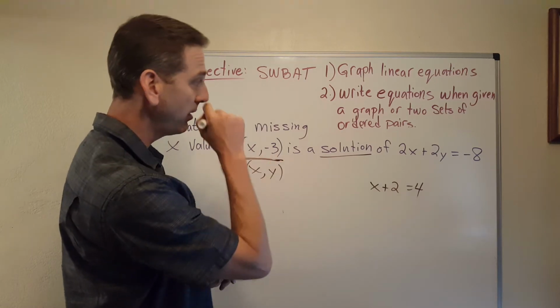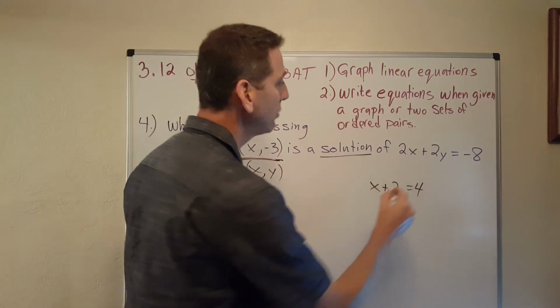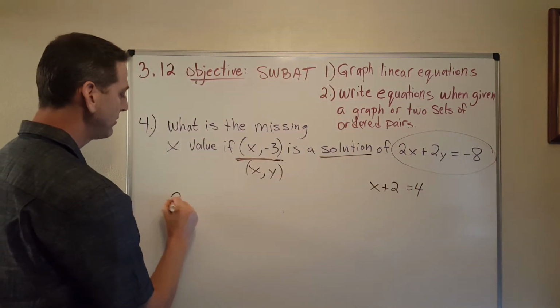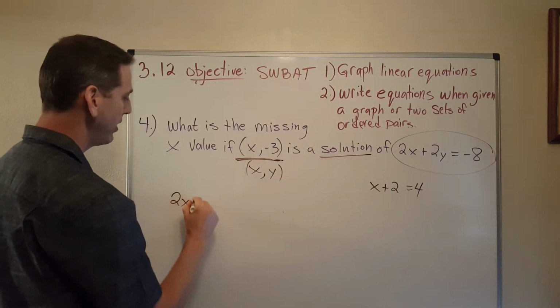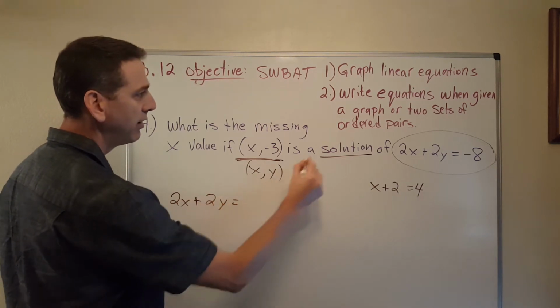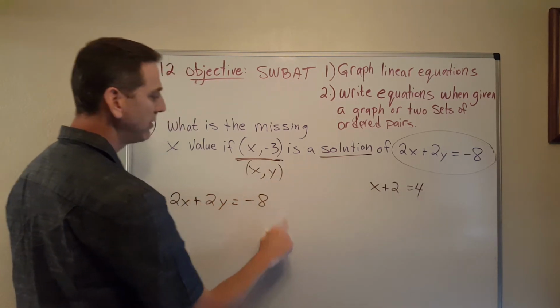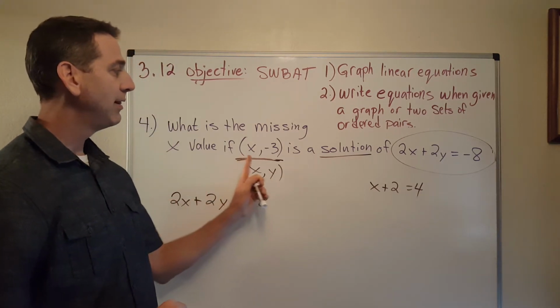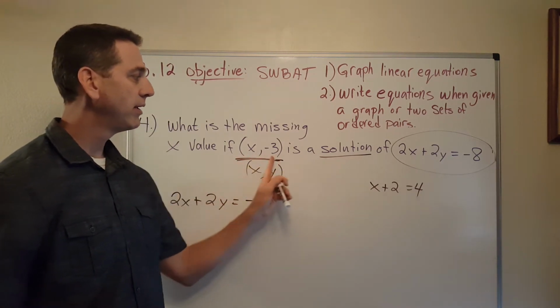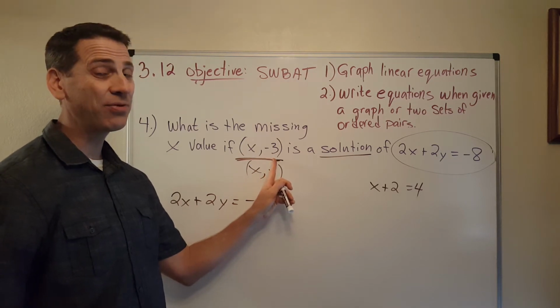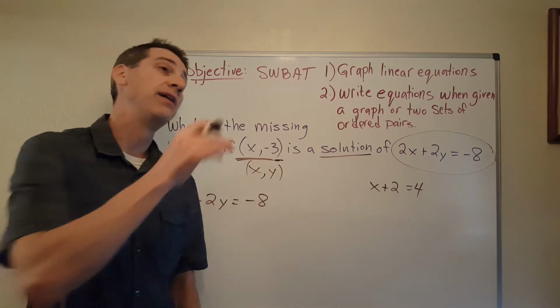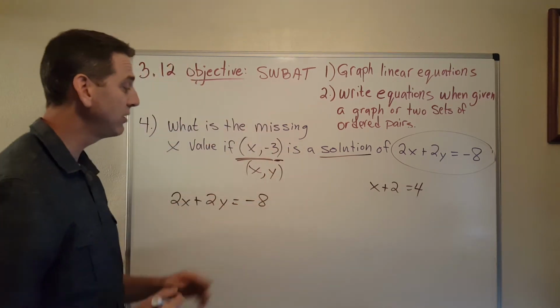Y is negative 3, so I'm going to take this equation and rewrite it: 2x plus 2y equals negative 8. They give us the negative 3, which is the y coordinate that gives us a solution to this equation.